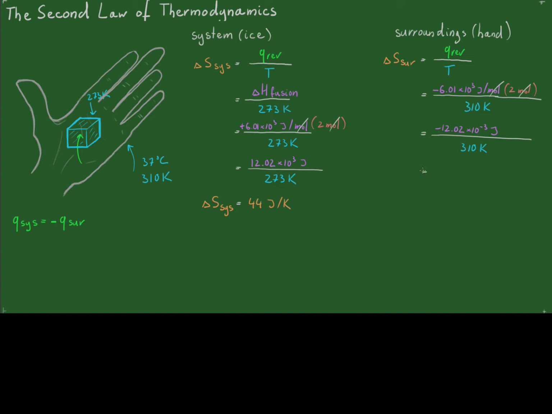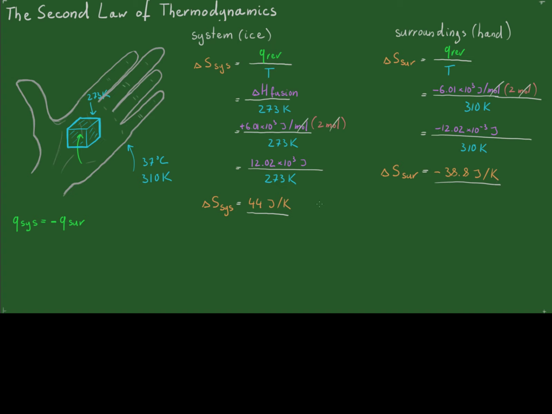And if we calculate that out, we get negative 38.8 joules per Kelvin. So the entropy of the surroundings is not the same as the entropy of the system. So the system is 44 joules per Kelvin, surroundings is negative 38.8 joules per Kelvin.